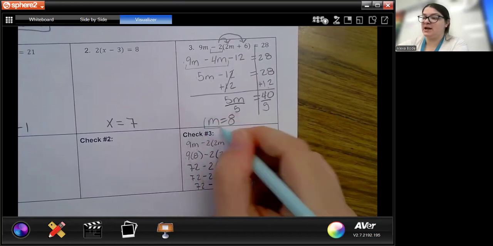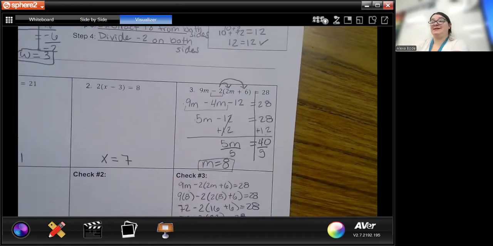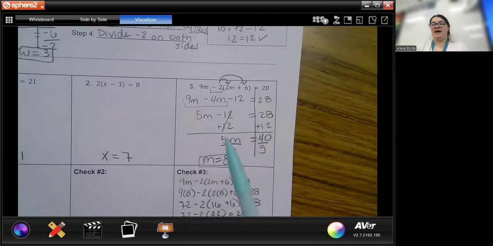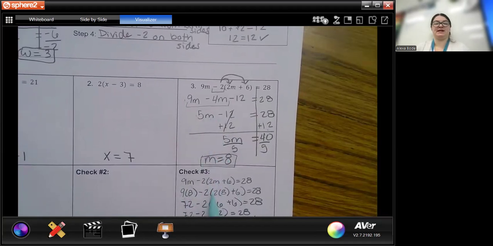So this is a correct answer. So you guys got all of the work for 9, which was the more difficult one. And you guys got to see me make my mistake and work my way through it. So that's why it's really good to do this and check, and you'll be able to find mistakes either way. Wherever you made your mistake, you'll be able to find it and fix it.